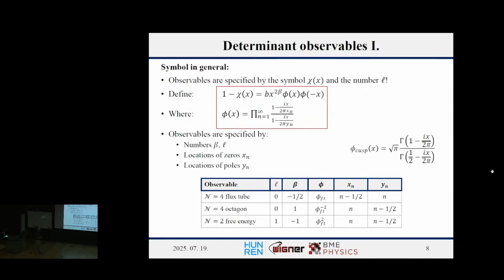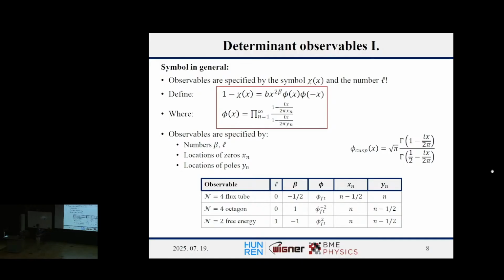So let's talk about this symbol. This is actually the essential part, how you can get the non-perturbative coefficients and understand the analytical structure and so on. If you do some Wiener decomposition of this symbol, which I will denote with phi, this phi has only poles and zeros on the positive half plane.